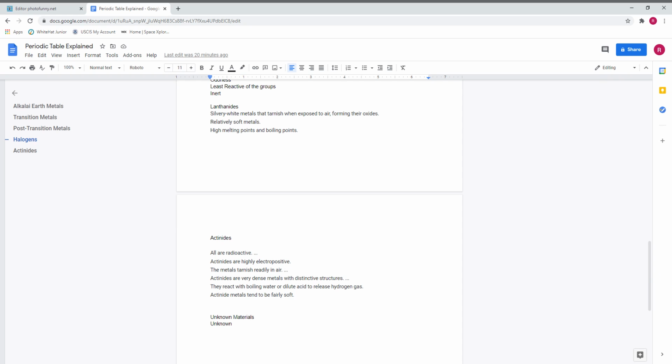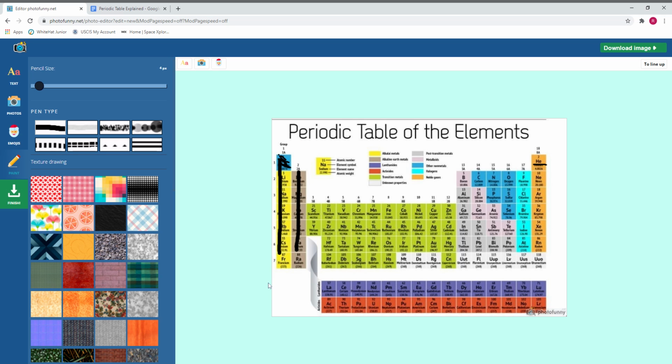Actinide metals tend to be fairly soft, but I would not go touching one. They include actinium, thorium, protactinium, uranium, neptunium, plutonium, americium, curium, and a few others.